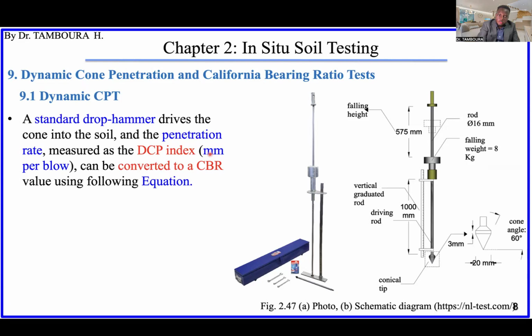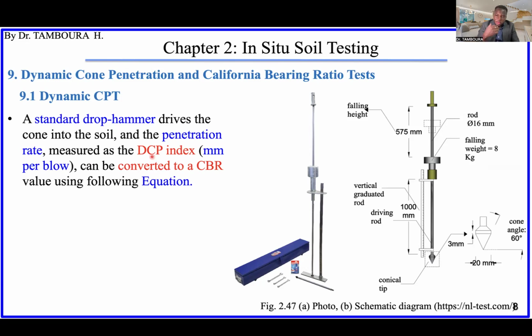Okay, and you can see it is measured in millimeters per blow. You drop it, each blow, whatever penetration you get, that will give you the DCP index.